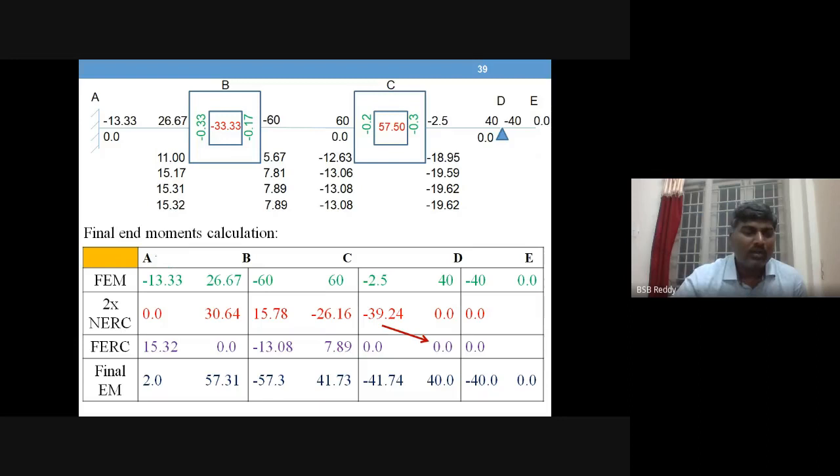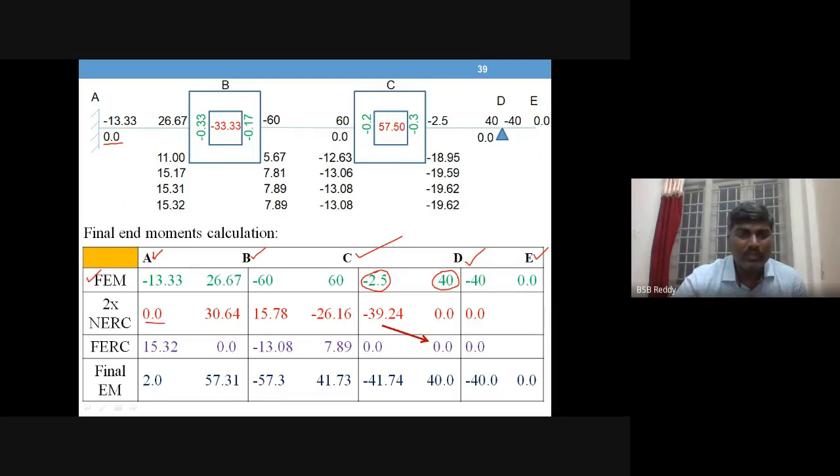So now you make columns of all the nodes available in the given beam, A, B, C, D, E. Where first row will be fixed end moments, we write all these moments and you shall see that these are modified values posted here. Then 2 times near end rotation contribution. That means if it is A, rotation contribution into 2.